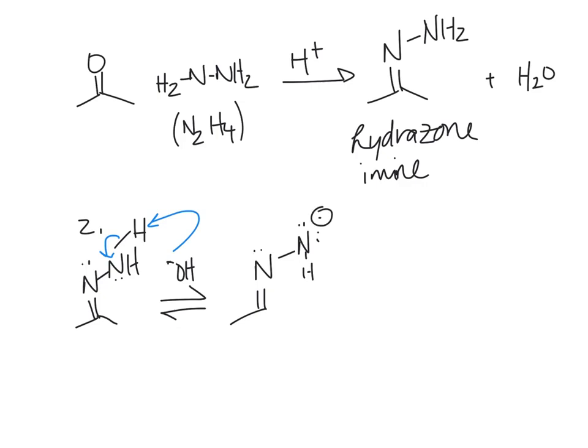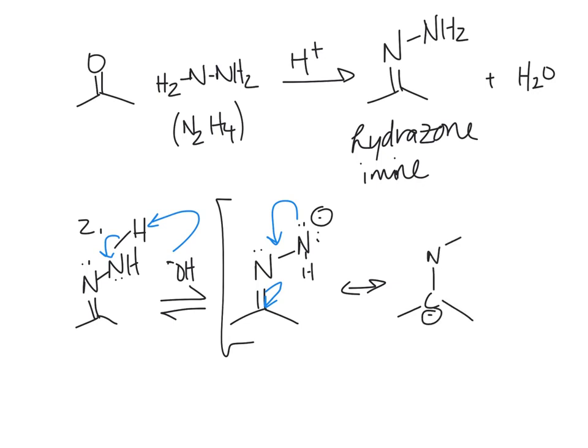And now that lone pair can actually move in, and it will push electrons down onto the carbon. So let me write the resonance form that produces: C minus, N double bond NH, lone pair. So we have a negative charge in 2 positions.